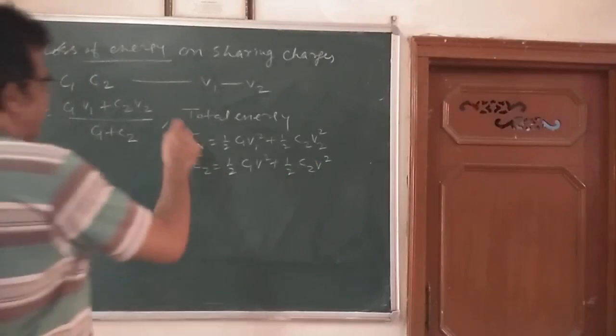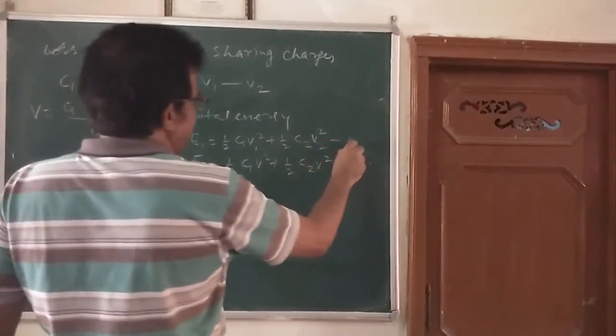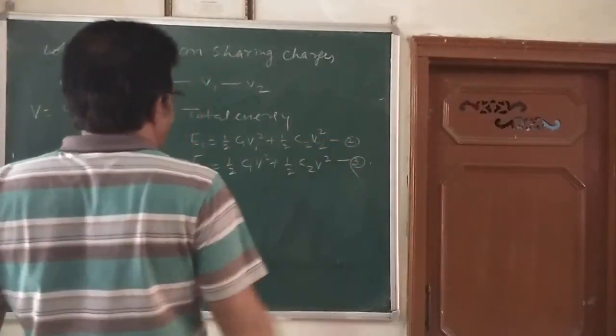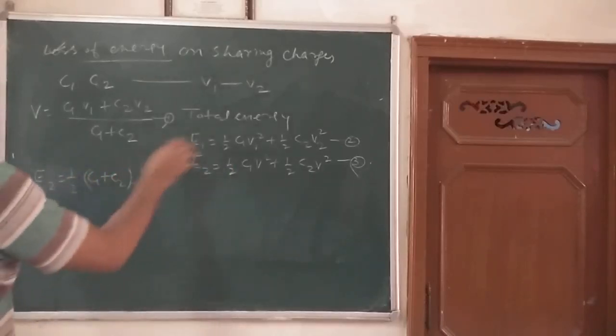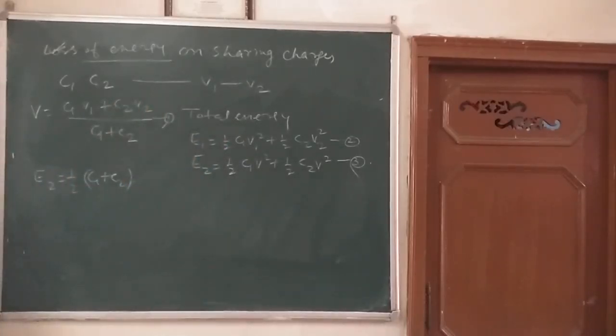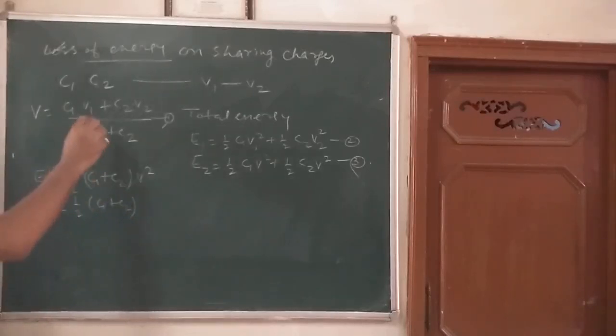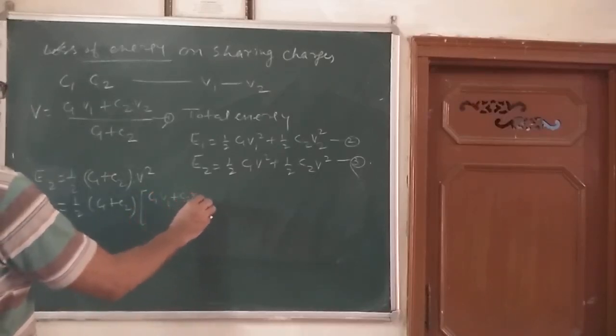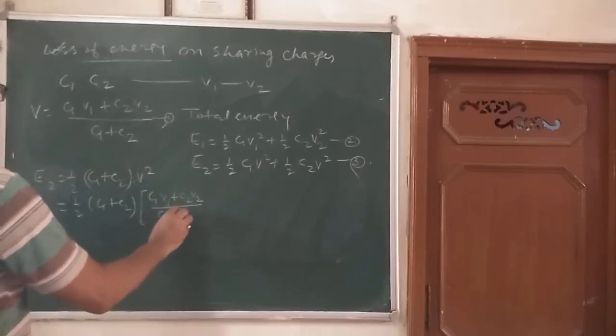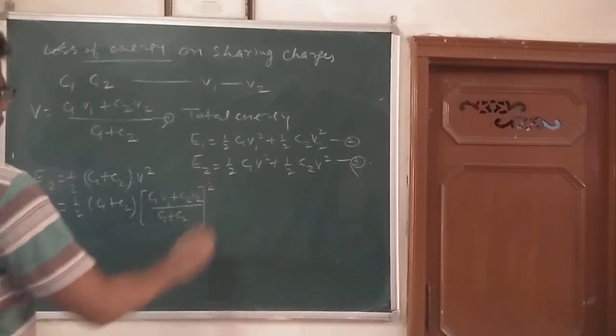Now, say this is our equation number 1, here is equation number 2, here is equation number 3. So we can write here E2 is equal to 1 by 2 (C1 plus C2) V square, and in place of V square, write 1 by 2 (C1 plus C2) into V square, that is (C1 V1 plus C2 V2) divided by (C1 plus C2) whole square, like this.